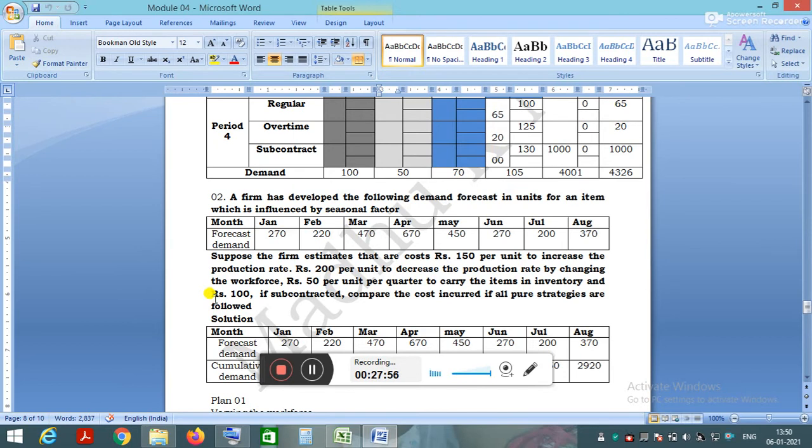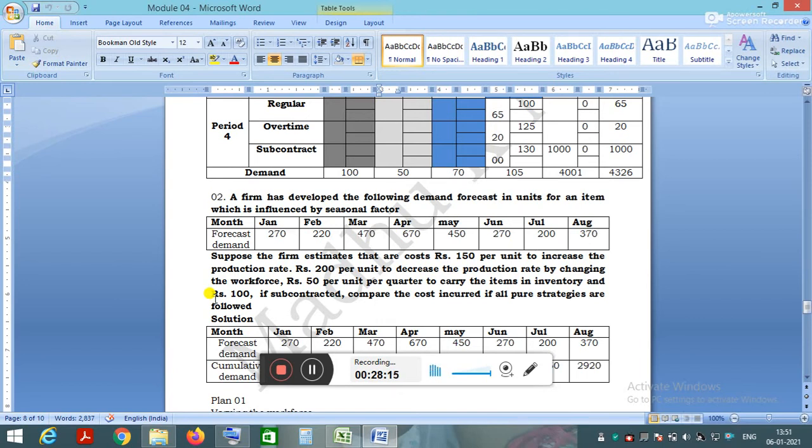That means we have three options to meet the demand. The first one is varying the workforce, the second one is producing more products when the demand is less and using them as inventory, and the third one is giving subcontracts to other companies.